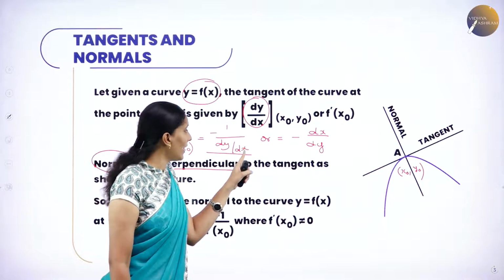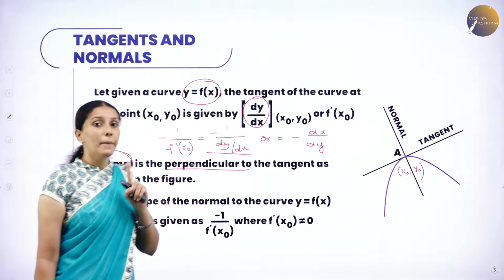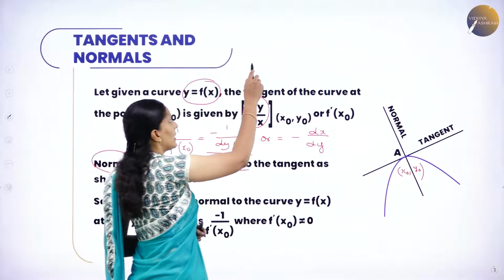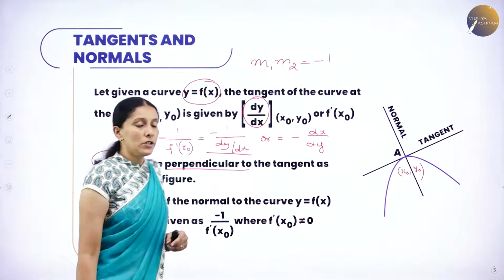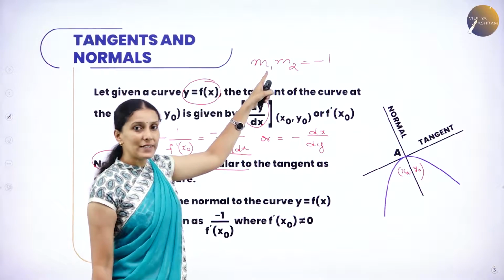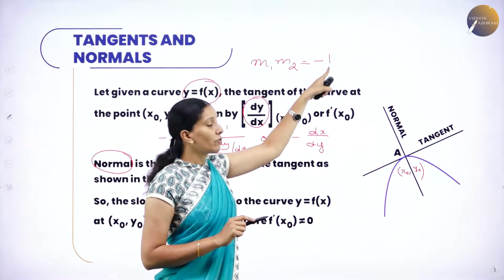So why is negative defined here? We know that when two lines are perpendicular to each other, the product of their slopes will be equal to minus 1. So if the slope of the tangent is m1, then the slope of the normal must be equal to minus 1 by m1.